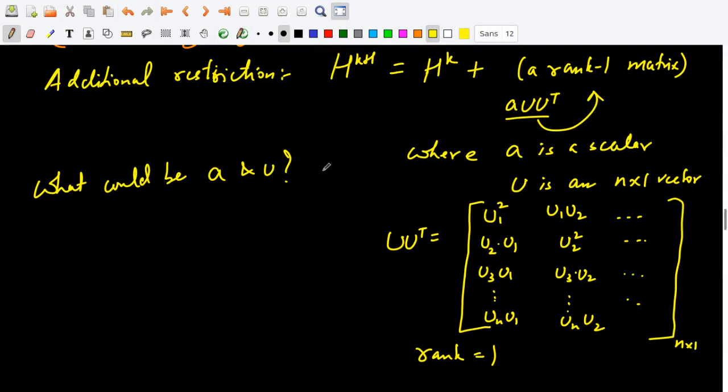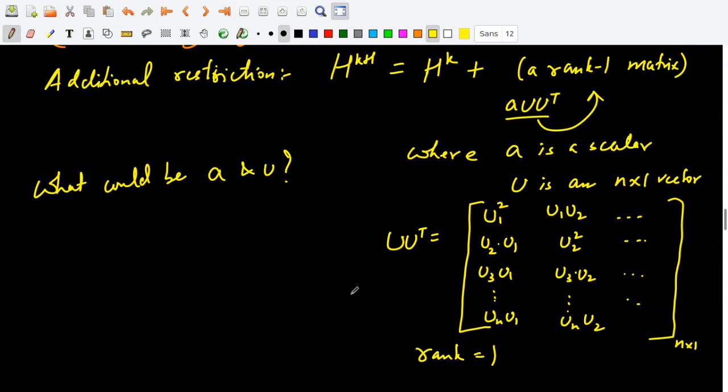And it turns out that if I restrict my updates to be of this form, then this AUU term is actually uniquely defined, and we are left with no choice really.